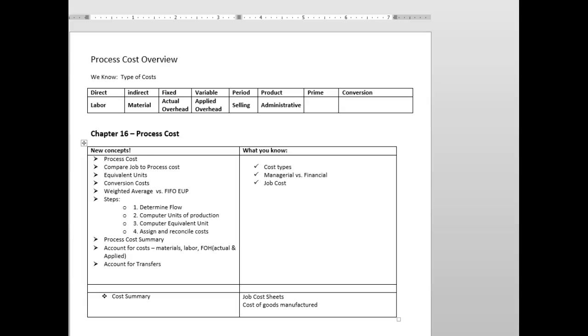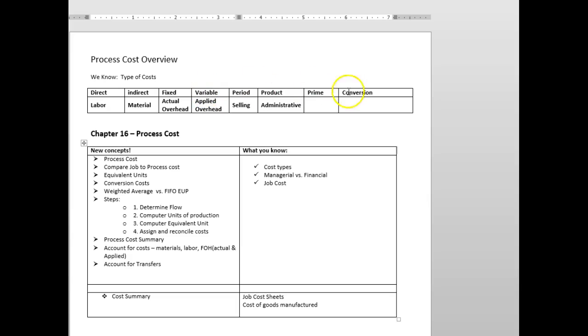Okay, here we are at process cost, and we're going to now move on from job cost to process cost. Although we're not really adding very many new terms, because everything that you've learned in job cost, you're going to use in process cost.